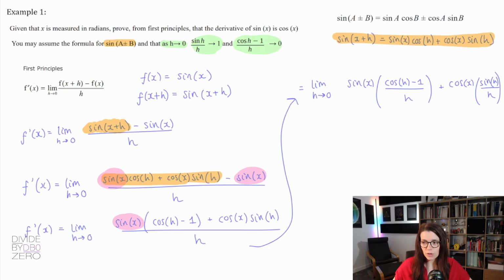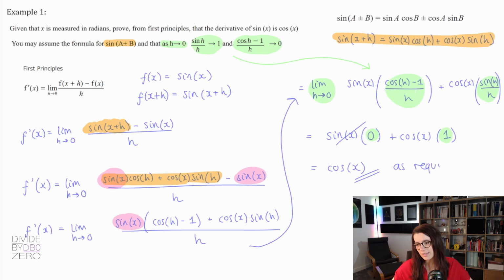Remember, we were told that as h tends towards 0, sine h over h tends towards 1, and cos h minus 1 over h tends towards 0. We can use these facts in our proof, because this is going to be equal to sine x times 0 plus cos x times 1. Anything times 0 is 0, so that will disappear, and you're just going to be left with cos x as required.